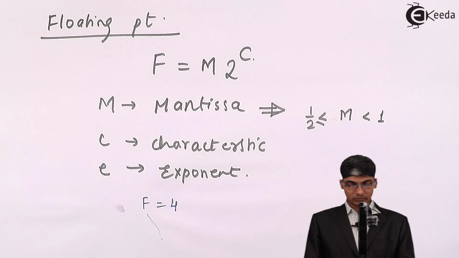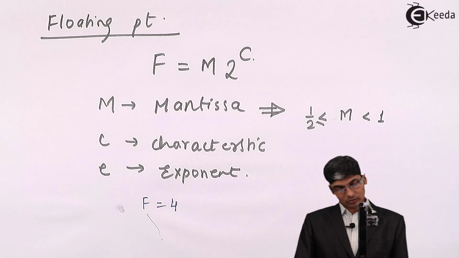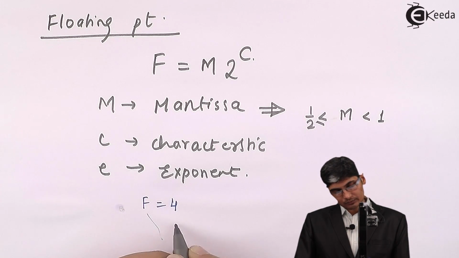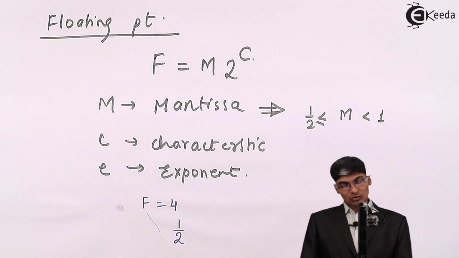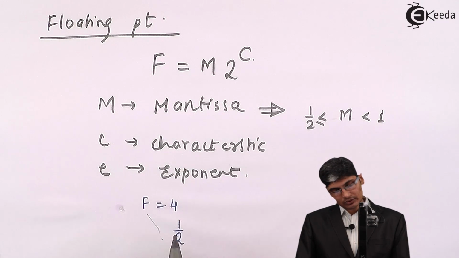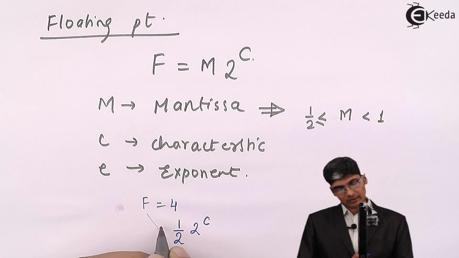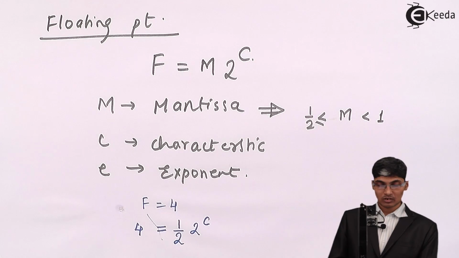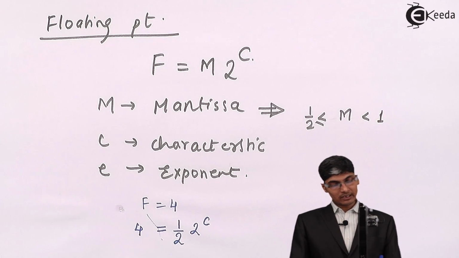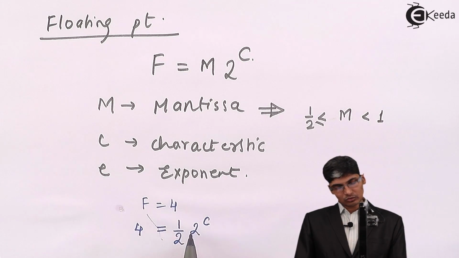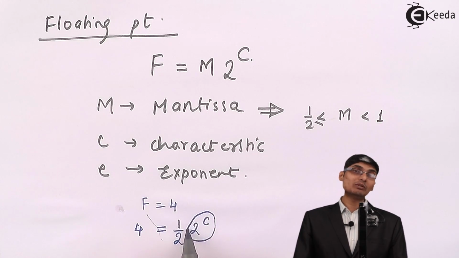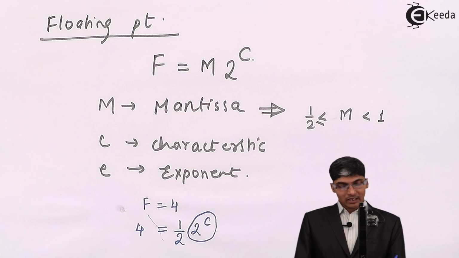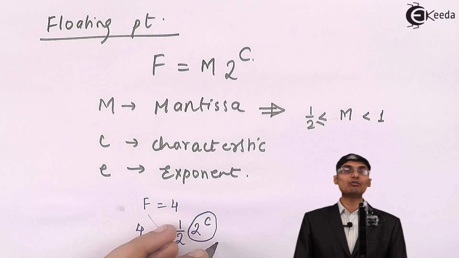Let us take the lowest one, and suppose my mantissa is 1 by 2. What should be the value of 2 raised to c so that I can get the value as 4? We can easily see that when I divide this number by 2, I should get 4.